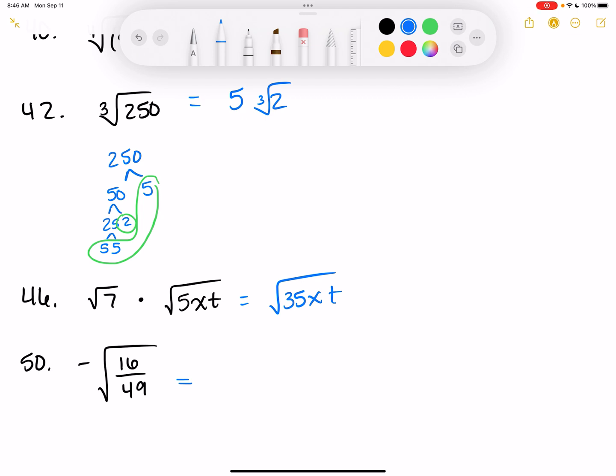Separate it, so I'll leave the negative out front, square root of 16 over the square root of 49. Square root of 16 is 4. And I'm going to go ahead and write the negative. The negative can go on top, bottom, out front, it doesn't matter. So 4, and then square root of 49 is 7.